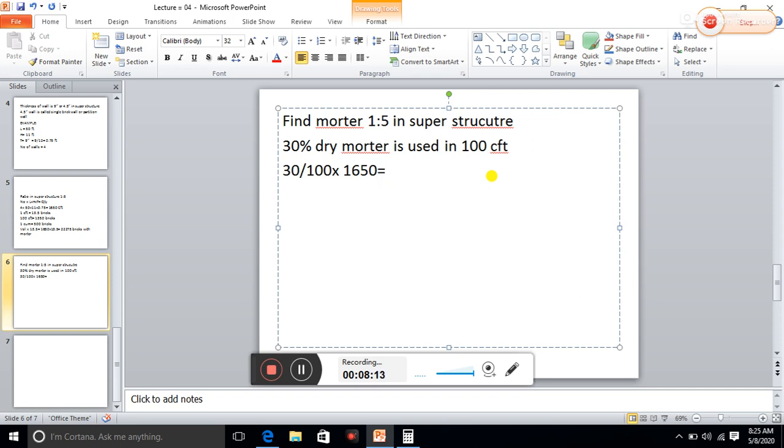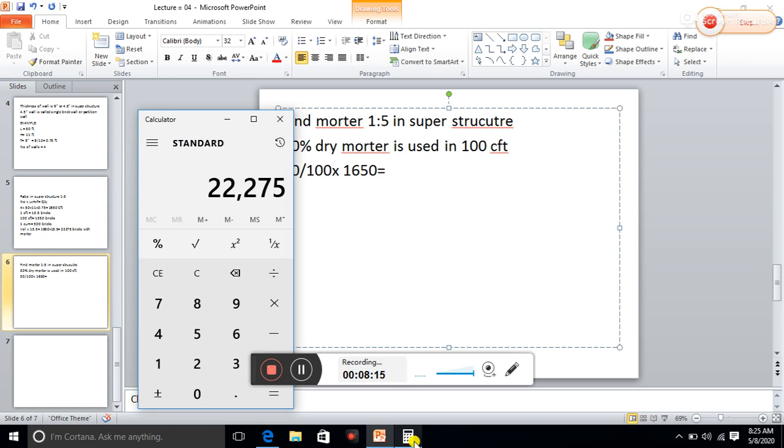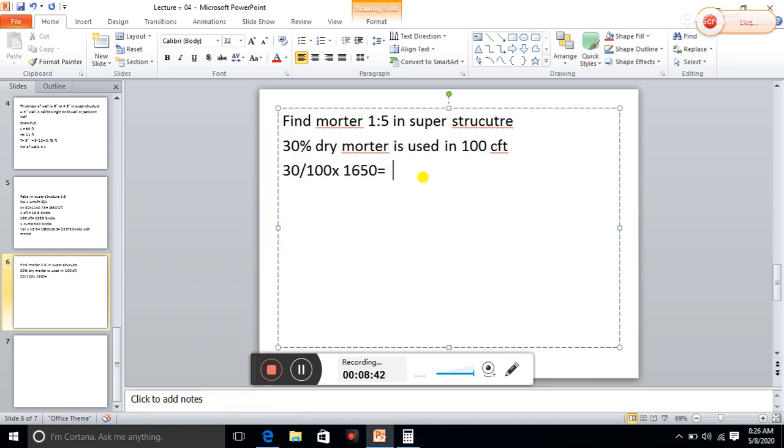So we will find 30 divided by 100 multiplied by 1650, which is equal to 495 cubic feet. This is our dry volume.